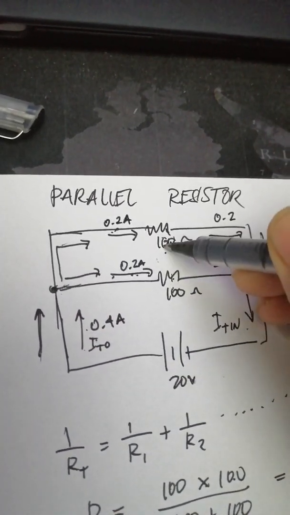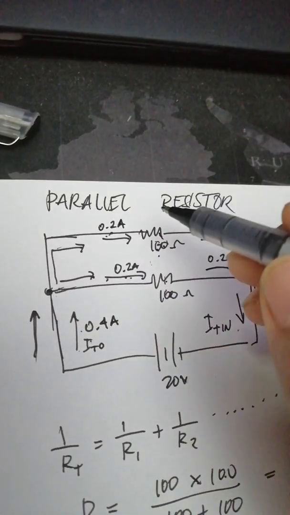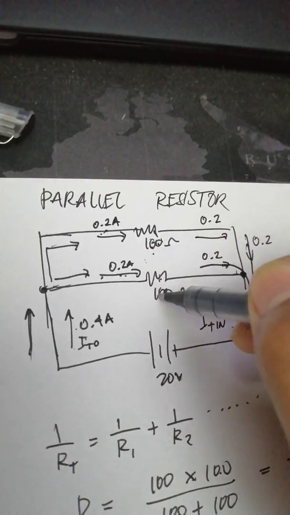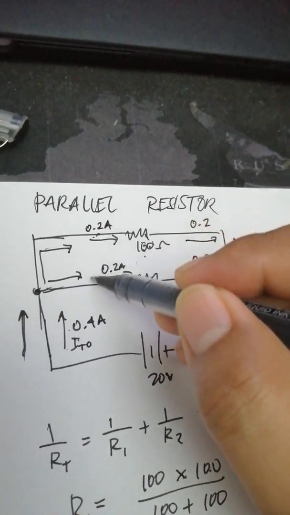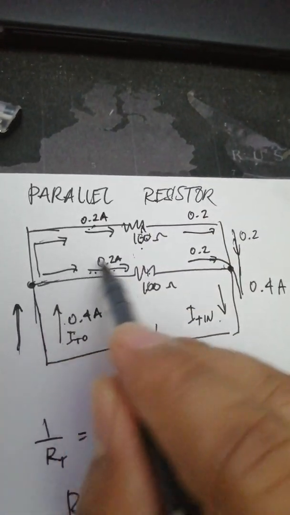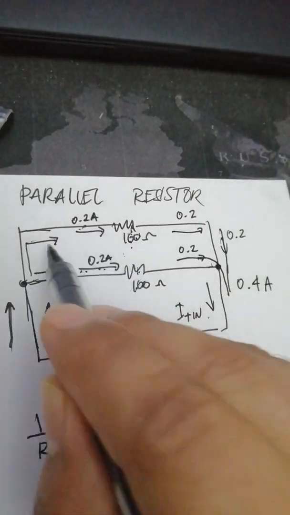If this one is 200 and this one is 100, the division of current will differ. So if this one is 200, this one is 100, the current that will go here will be greater than what goes here. But because they have the same resistance, the current will be just divided into 2.